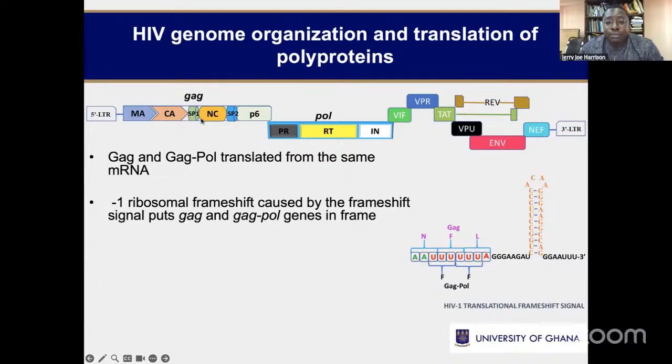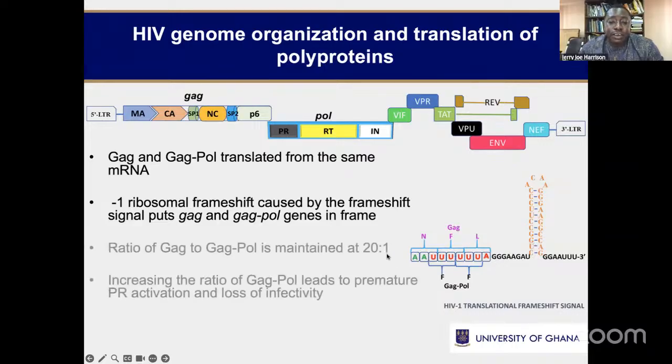So as the ribosome is going, it gets to the end and it encounters this stem loop, which is very stable, coupled with the energetically very weak bases over here. The ribosome slips back and forth, and that allows the -1 frameshift to happen. That produces either a GAG when it truncates over here or the GAG-Pol when there's a read-through.